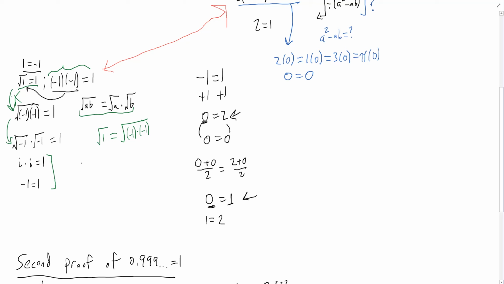Now, if I say have the square root of 36, well, that's the square root of 4 times 9. And yes, I can write that as the square root of 4 times the square root of 9. The square root of 4 is 2, the square root of 9 is 3, which gives us 6. And that is indeed the correct square root of 36. So it's not that the rule itself is wrong, it's that we applied it when we couldn't have.